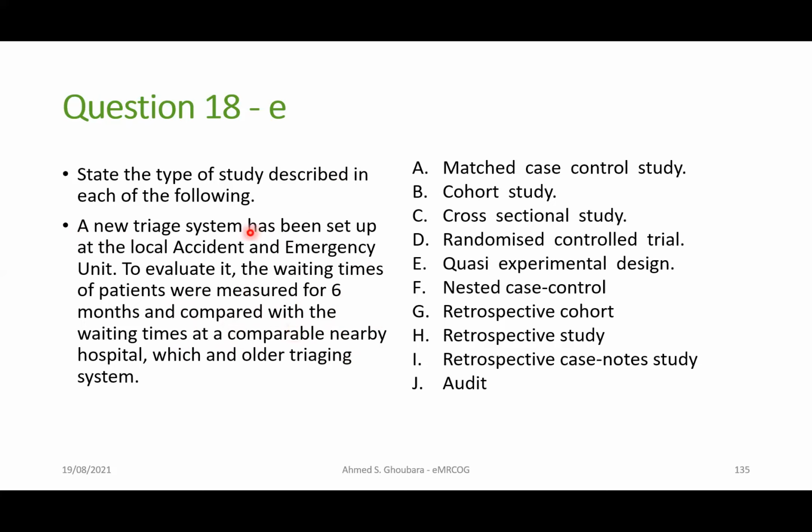No. We didn't check the notes, and we didn't collect the data retrospectively. We didn't go back in time for 6 months to compare between this and that. We were monitoring the waiting time over 6 months. The presence of the past tense here doesn't mean that this is a retrospective thing. This is a prospective study.